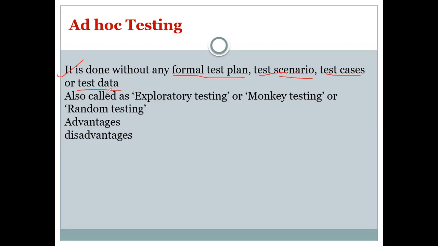So this is nothing but ad hoc testing, which is also called exploratory testing, monkey testing, or random testing. Why monkey? Because monkeys have no idea what to do with anything other than eating bananas. Are monkeys aware of any other things?